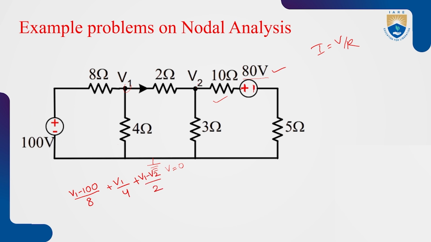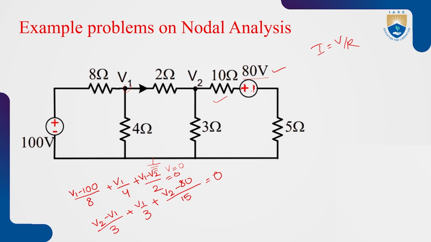And then for node 2, I am writing (V2 minus V1) by 3 plus V1 by 3 plus (V2 minus 80) by 10 plus 5, which is nothing but 15, equals 0.